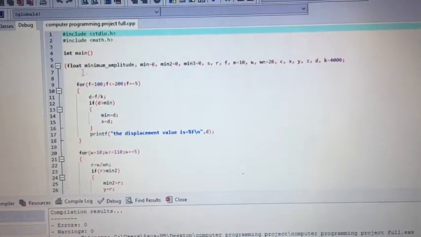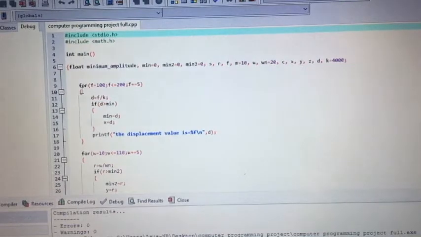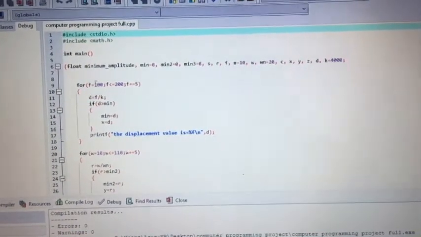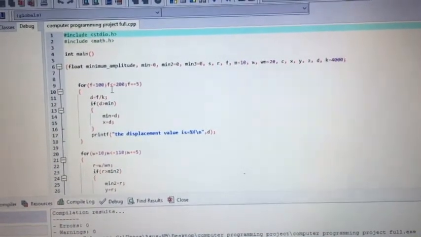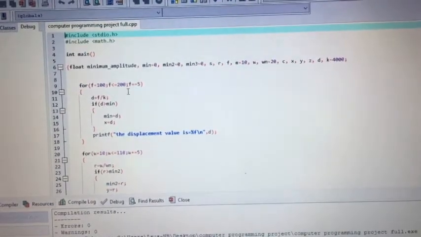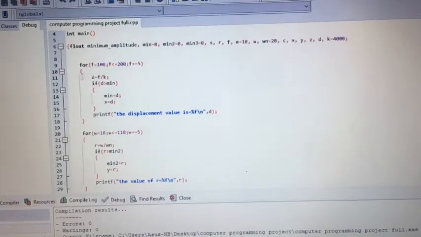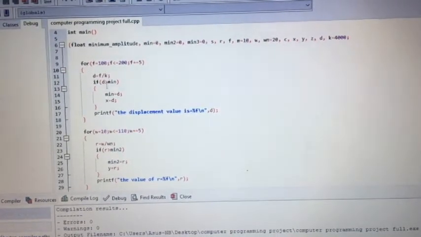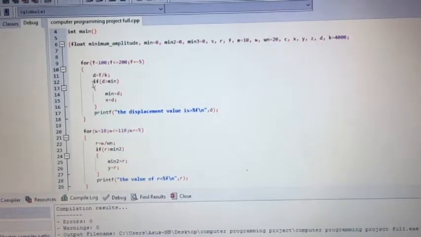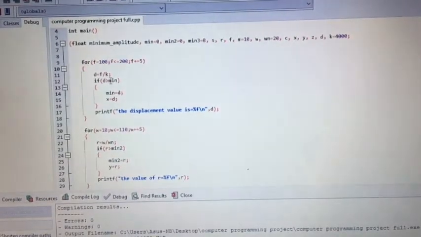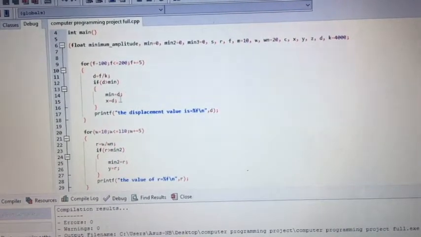First I use the for command. For f equals 100, f less than or equal to 200, and f will increase by 5, the increment. Then I use the f value and substitute it into this equation, and I say if d is greater than minimum, minimum will equal d.